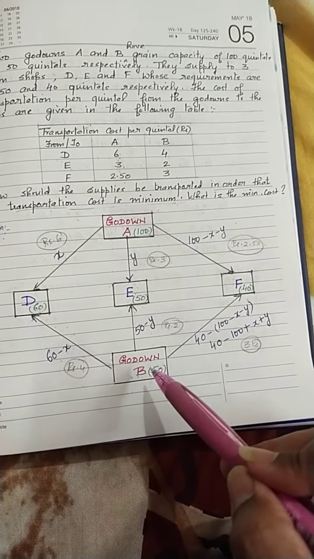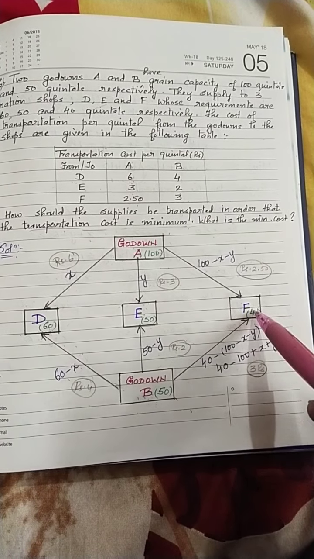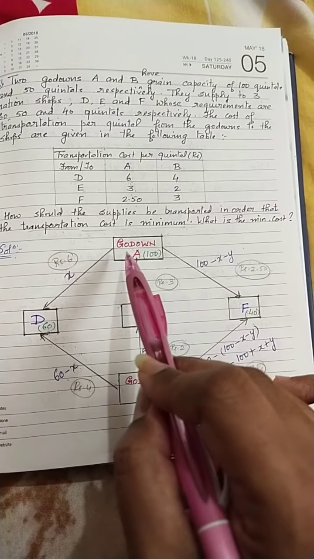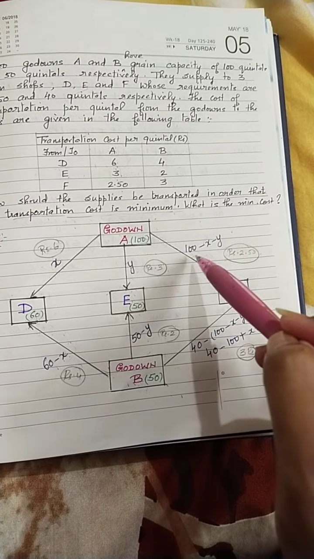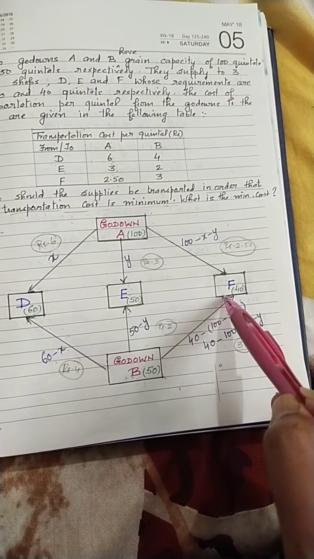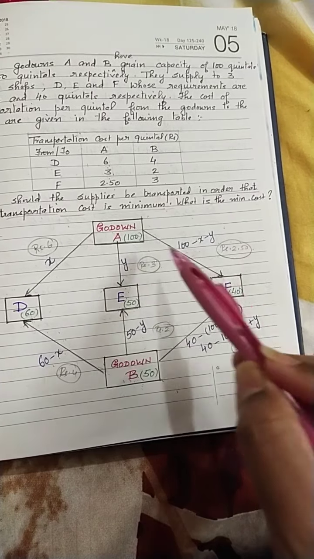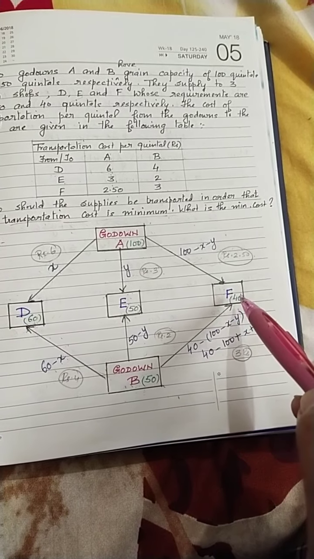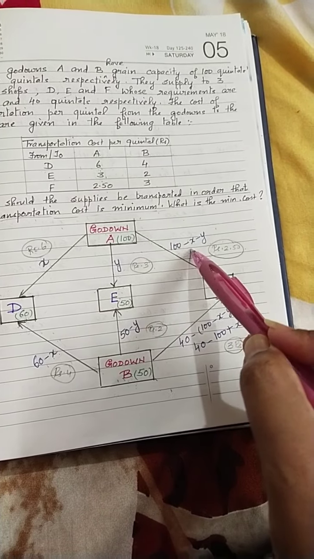Now talking about godown B to F. Already godown A has supplied this much to F. This is the remaining of A. And how much does F actually need? 40. Already it has got these many quintals from godown A, so you have to subtract that entire thing from 40.